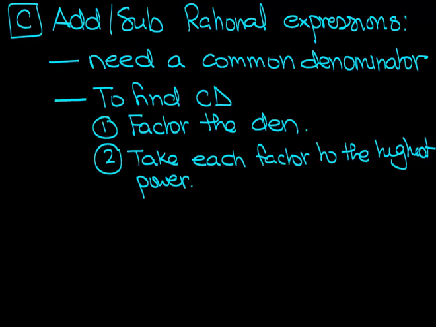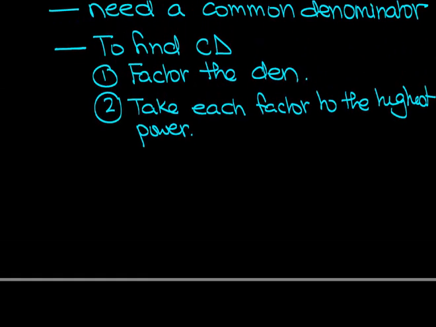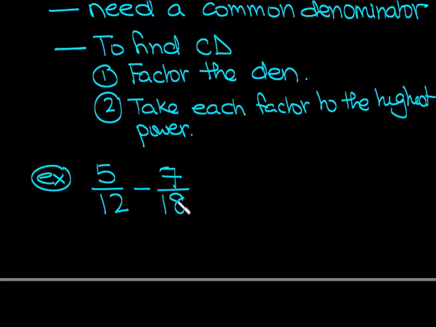Let me just do an example with regular numbers first so you guys can see. Let's say I have 5 over 12 minus 7 over, let's say, 18. Now I want to find the common denominator.